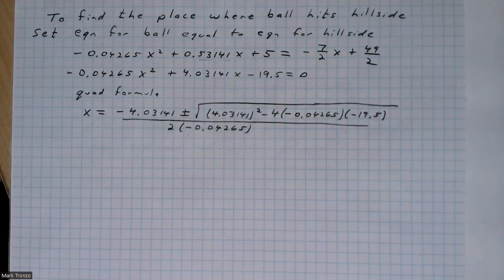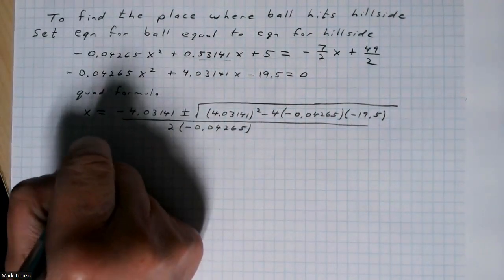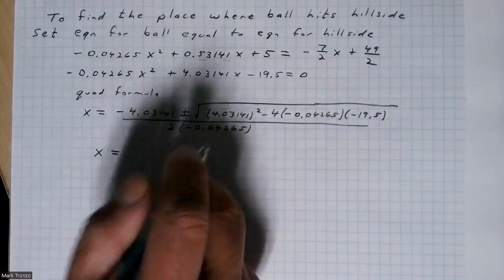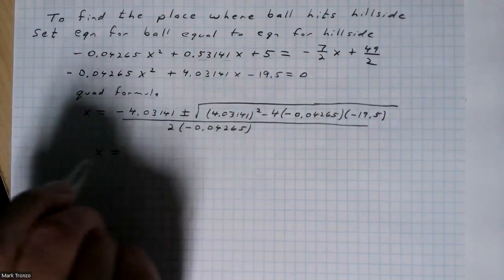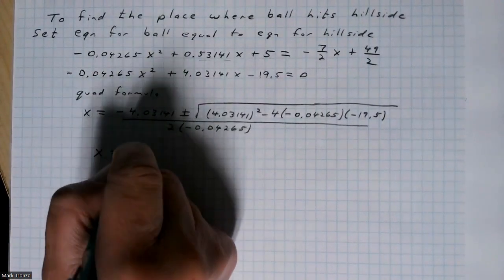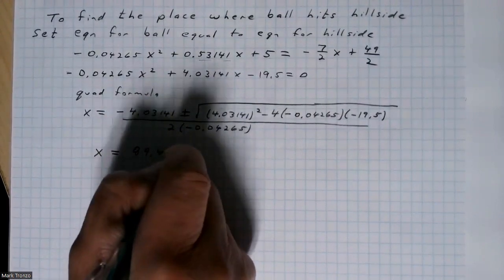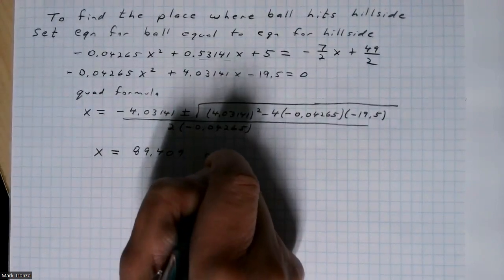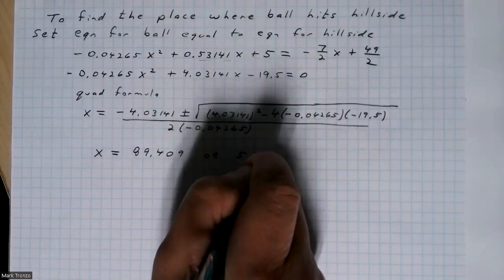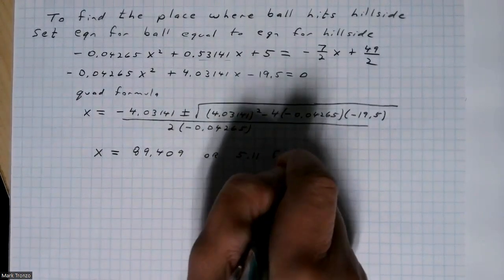Now, when you put that into your calculator, this time we get, again, a plus and minus here, and we end up getting 89.409 or 5.11. Again, those are both in feet.